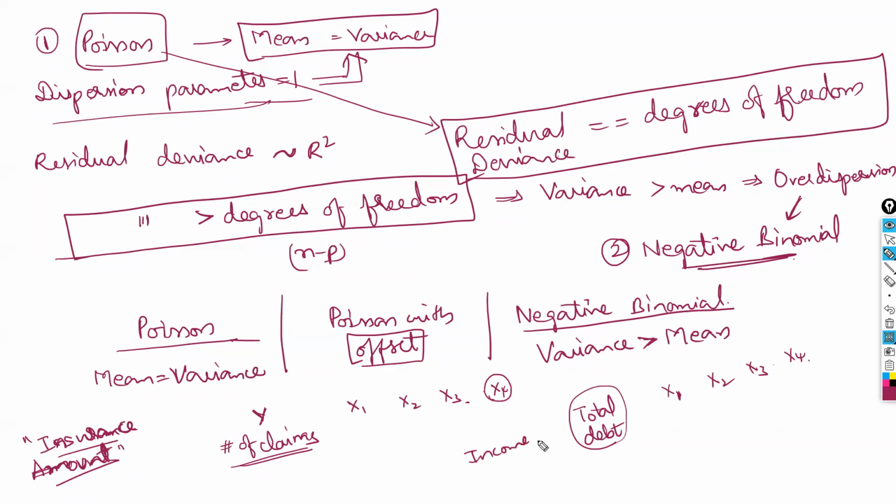If someone has more income, they might take more debt, maybe. Or the income and debt might be correlated. So you might want to consider total income as an offset variable. On similar lines, say you want to predict the total card payment.